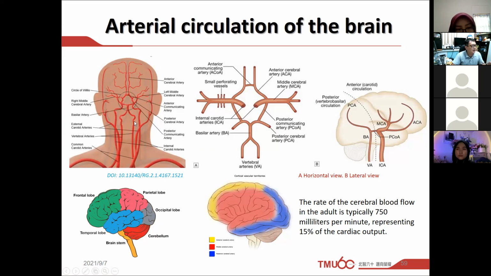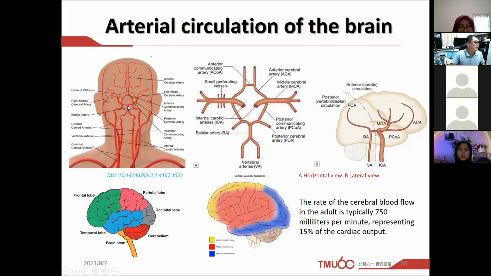They are right and left. Another one is the vertebral artery here. There are two, left and right. So there are two pairs of major arteries providing oxygen-rich blood from the body, from the lungs, going to the brain.